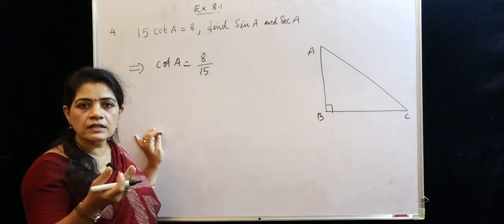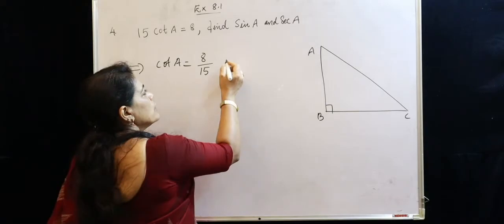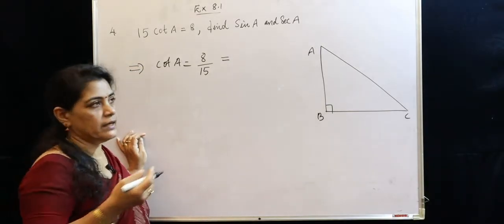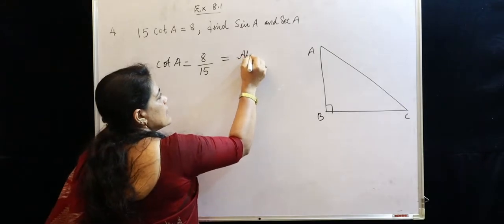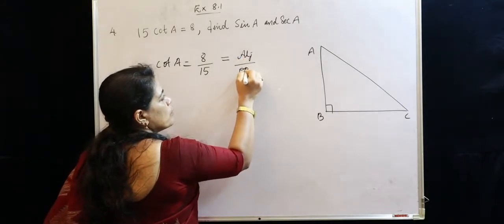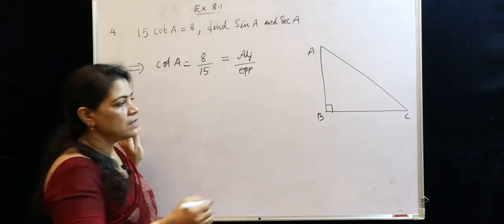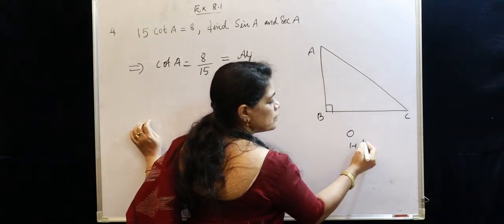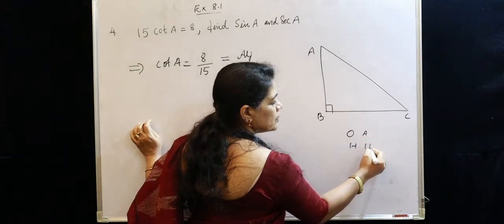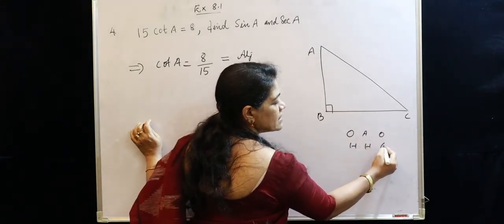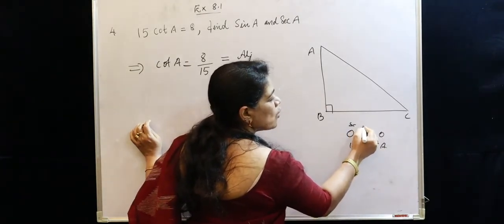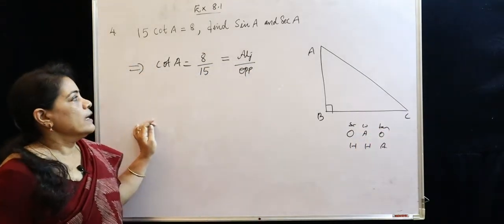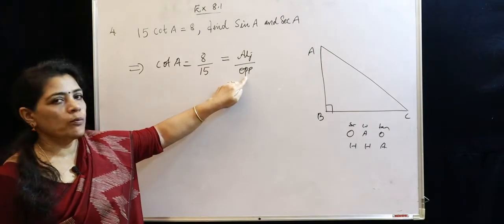By definition, what is the ratio of cot A? That is adjacent side by opposite side. You can always remember: opposite side by hypotenuse, adjacent side by hypotenuse, opposite side by adjacent side, that is sine, cos and tan. So cot A is adjacent by opposite.